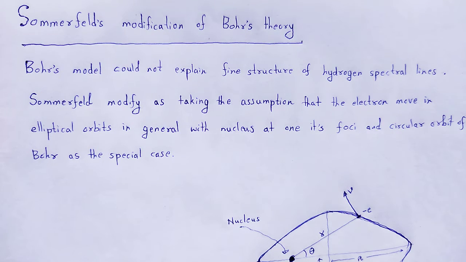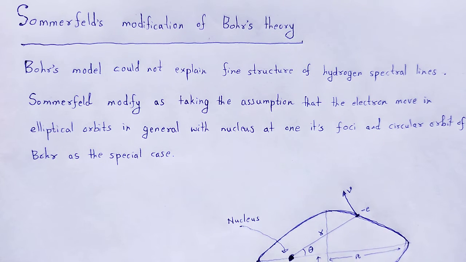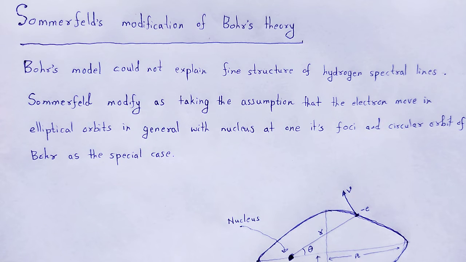If we consider one line of such a spectral series through a high resolution spectrograph, this spectral line is not a single line. It is a number of lines very close to that single line, which could not be explained by Bohr.